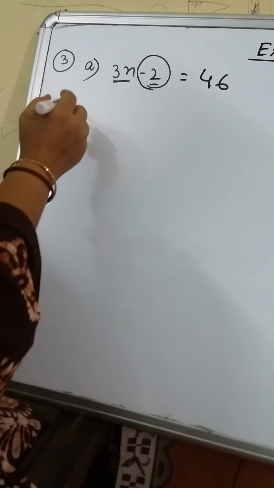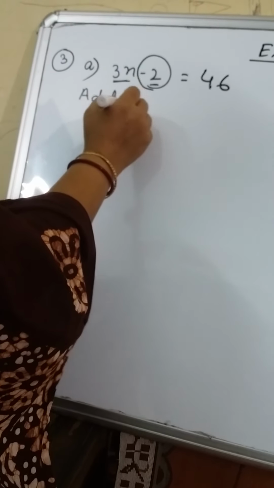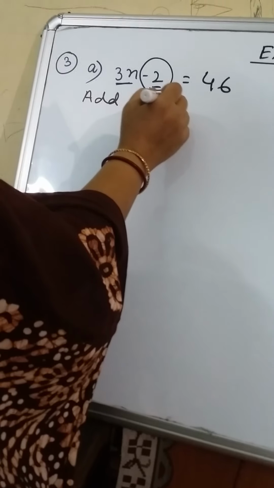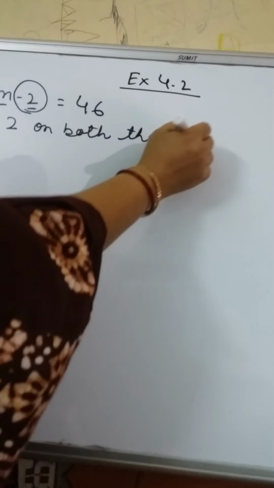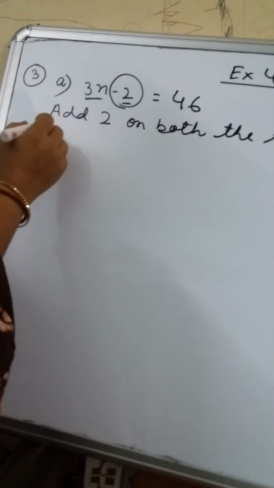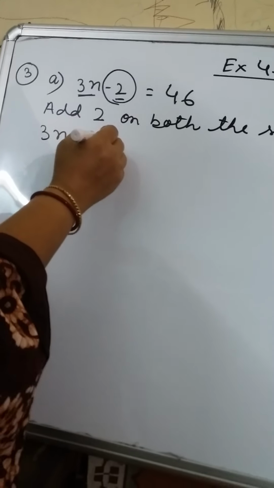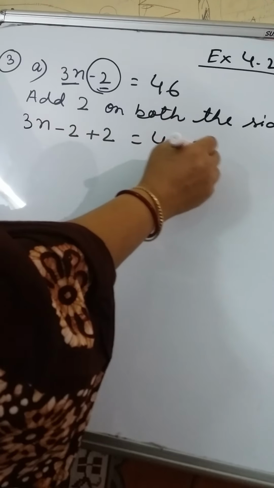What you have to do? Add 2 on both the sides. So 3n minus 2 plus 2, 46 plus 2.